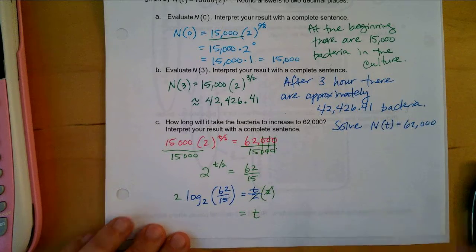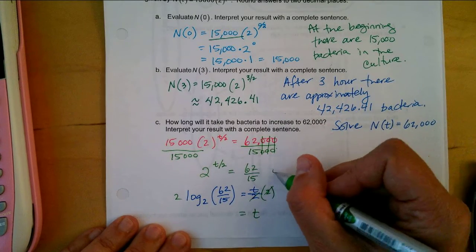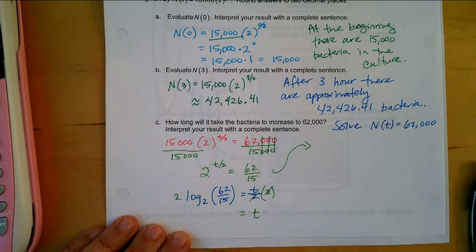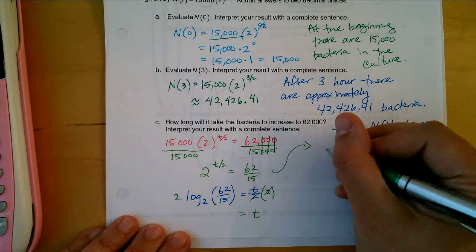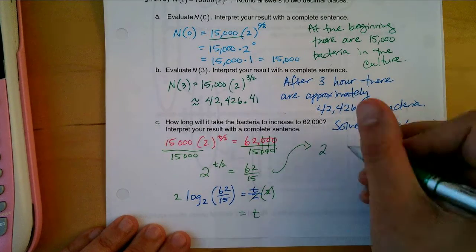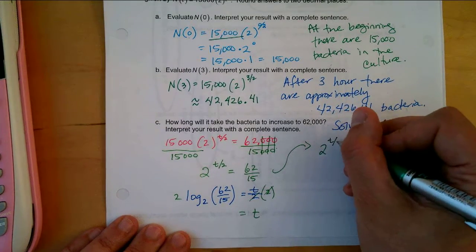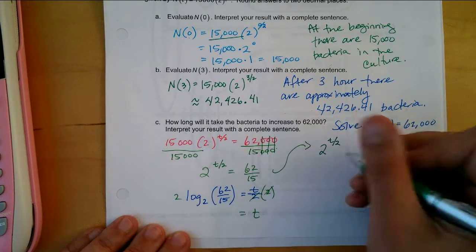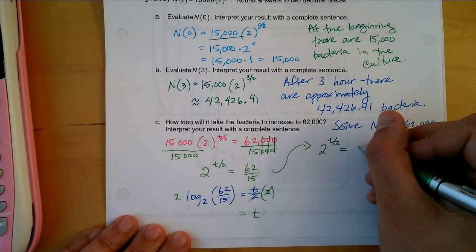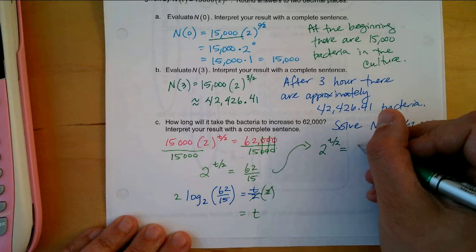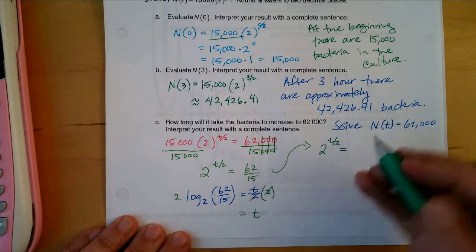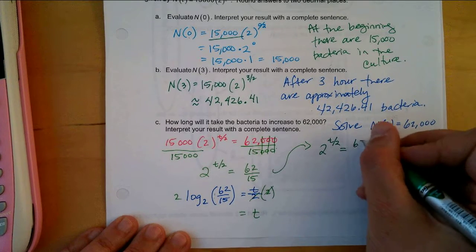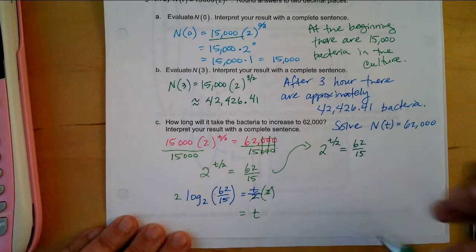Now, another way I could have solved it, I'm going to take the same exact problem. And this is very helpful for those of you who have older models of calculators. And it also could be helpful on your calculator as another way to do it. So this was our problem, 62 over 15.